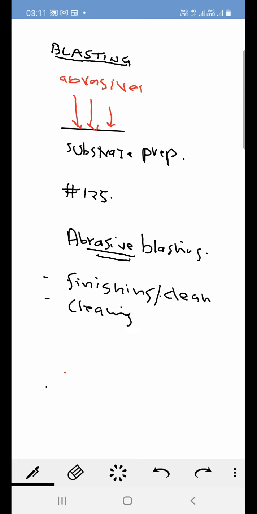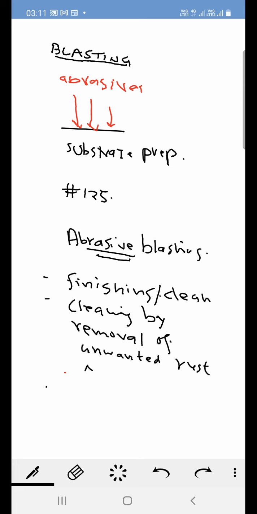So cleaning by removal of unwanted rust and scale paint.